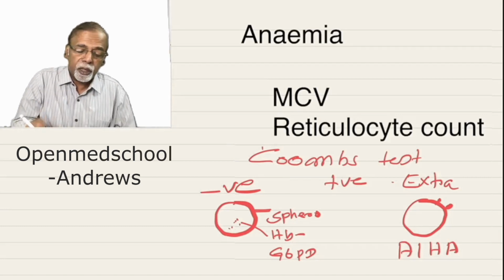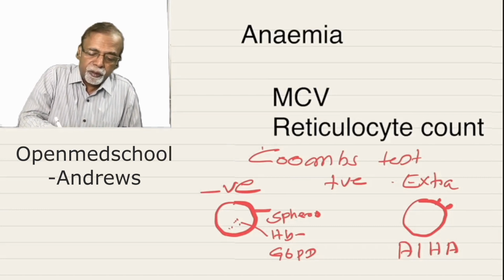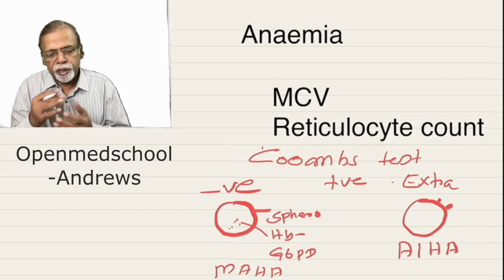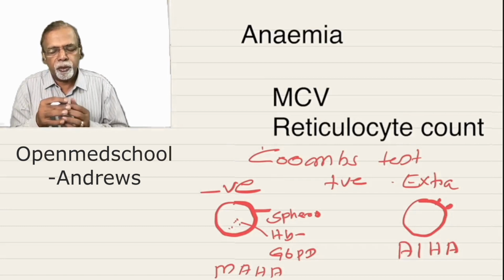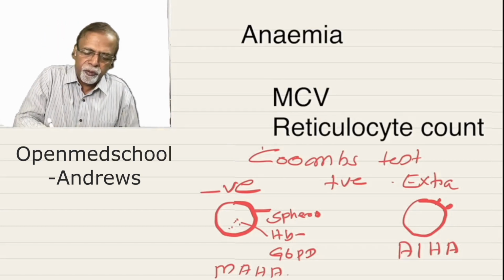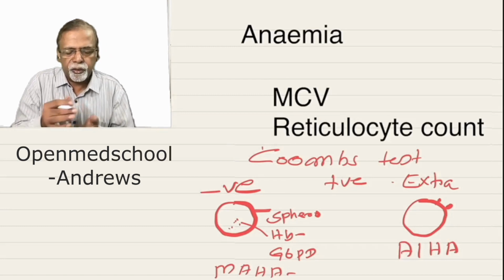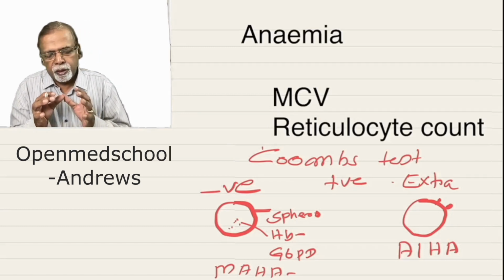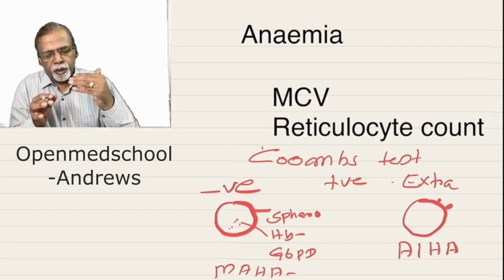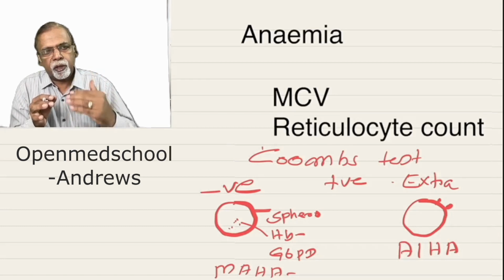Then again, extracorpuscular causes can also occur. For example, microangiopathic hemolytic anemia in malignant hypertension, accelerated hypertension, sepsis, etc. Or DIC, you can get a microangiopathic hemolytic anemia, or when there are artificial heart valves, again you can get it. So when the Coombs test is negative and there is hemolysis, you think about extracorpuscular and corpuscular problems.